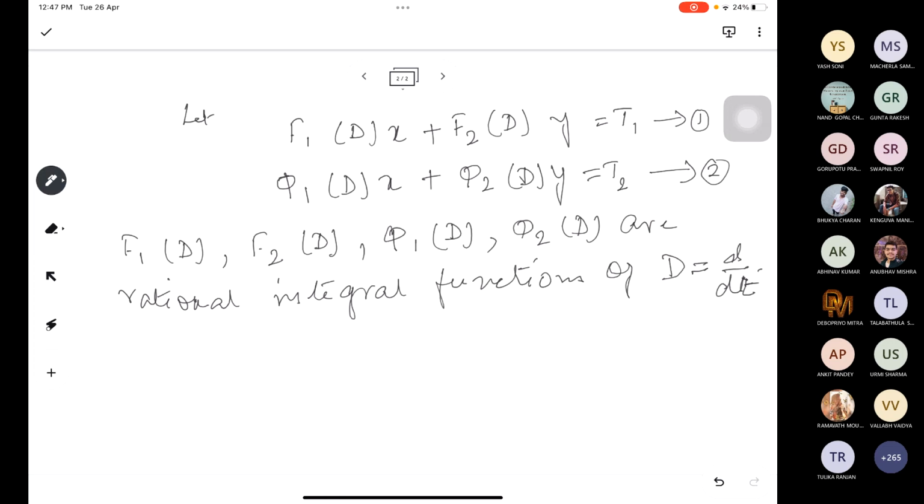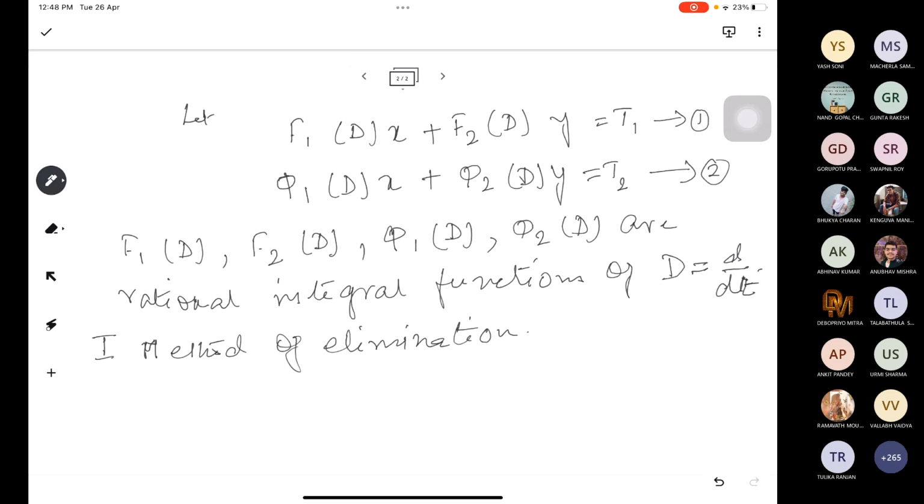So the first method is called the method of elimination.